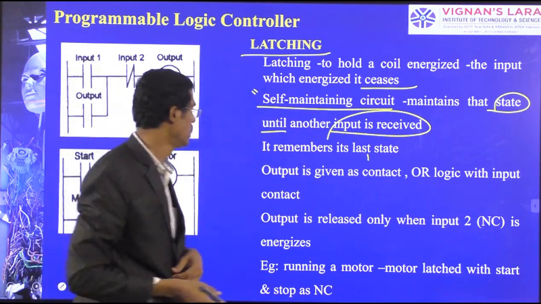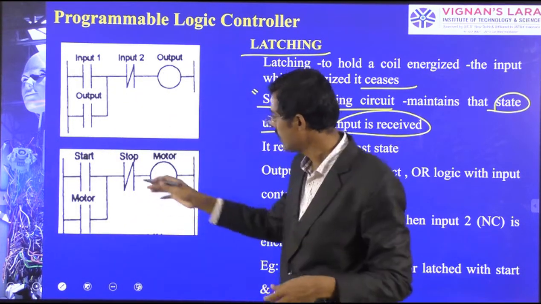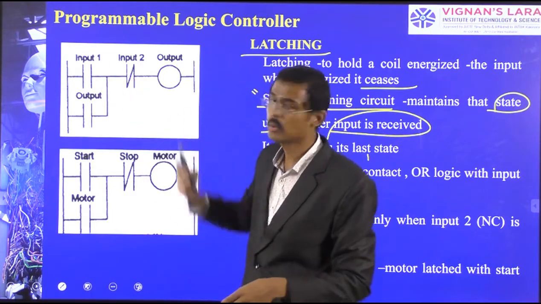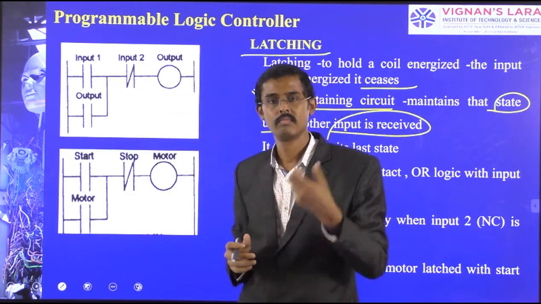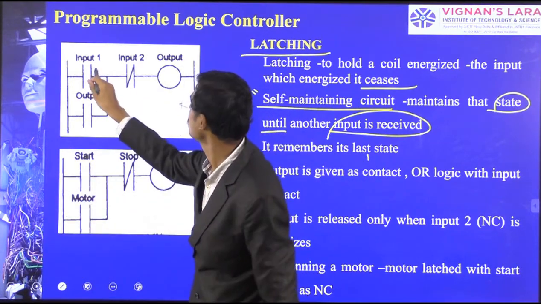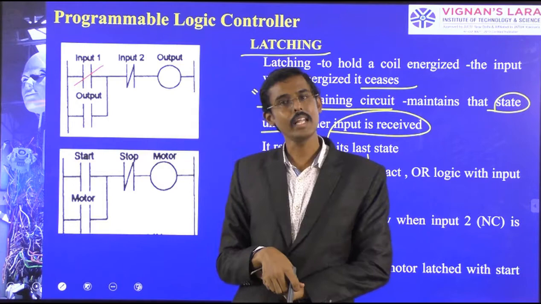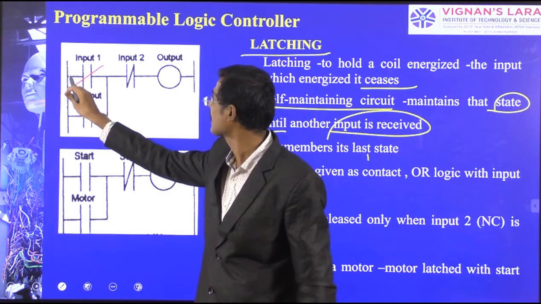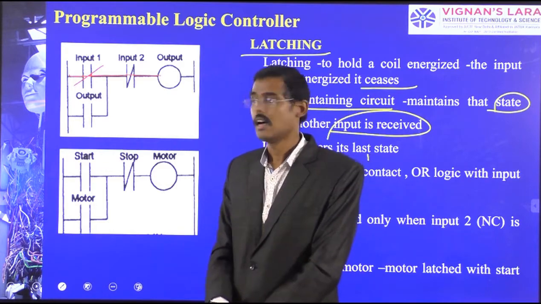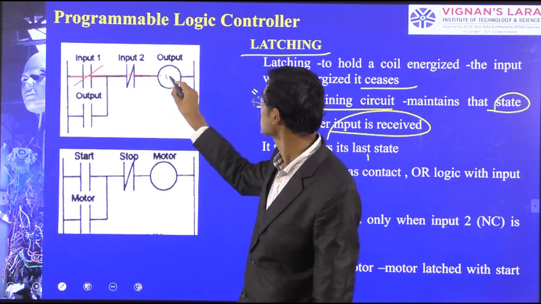How am I doing this? You see, here I have input 1, input 2 and an output. Now I am switching on input 1. What happens? From the power rail, the connection goes through and the motor is on.